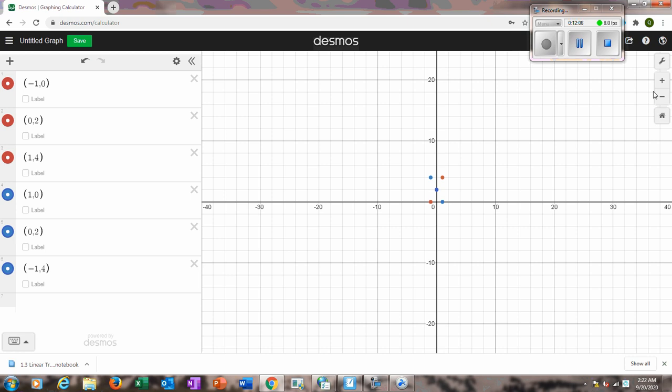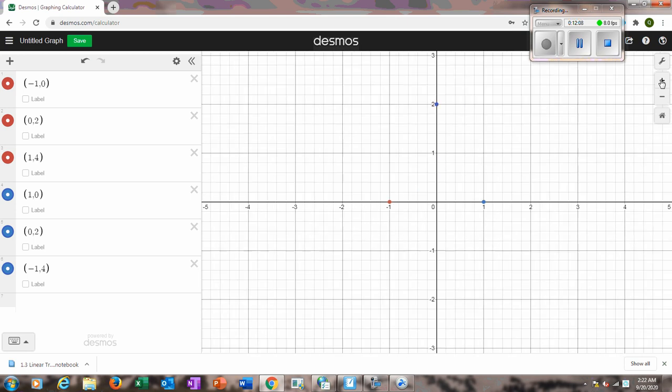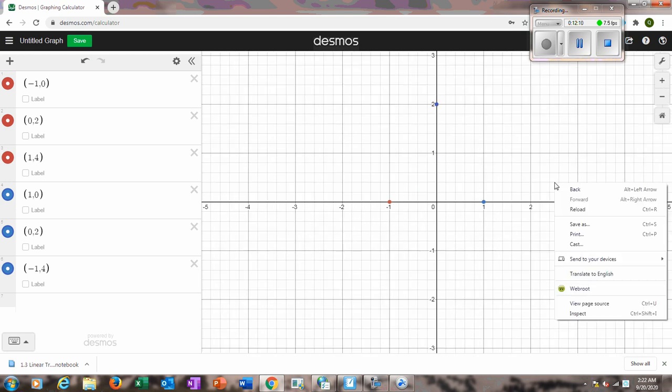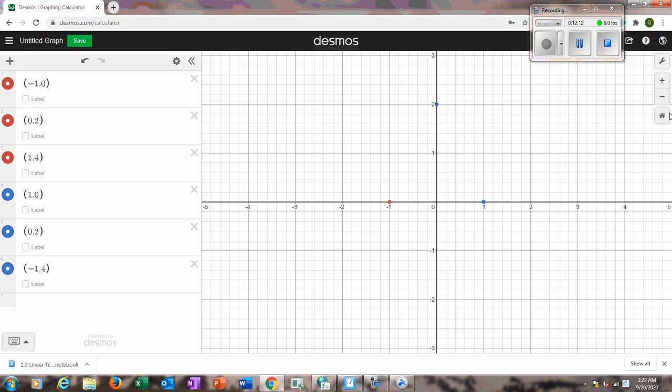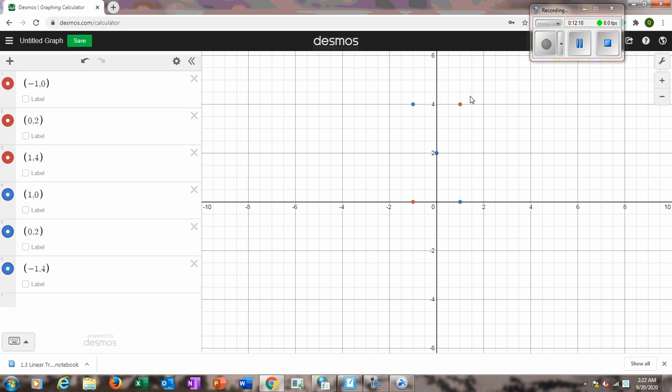And now if I zoom in on this, I can see that here I have my original line, and this one is reflected across the Y. So it's just flipped the opposite direction across this axis. And that's it.